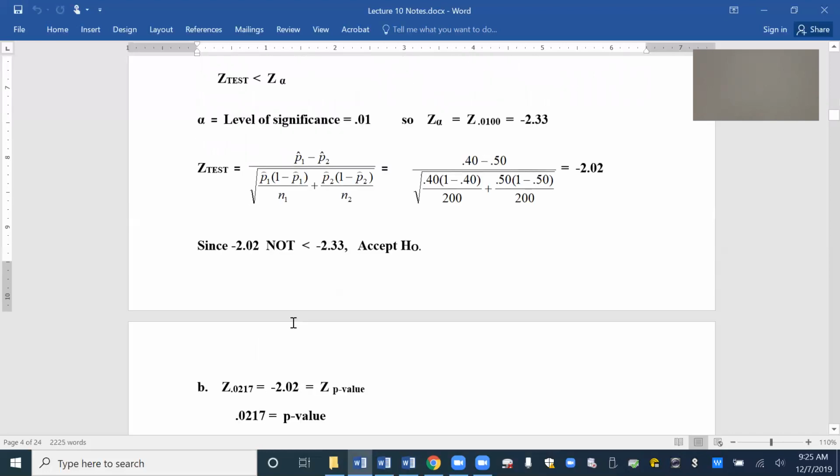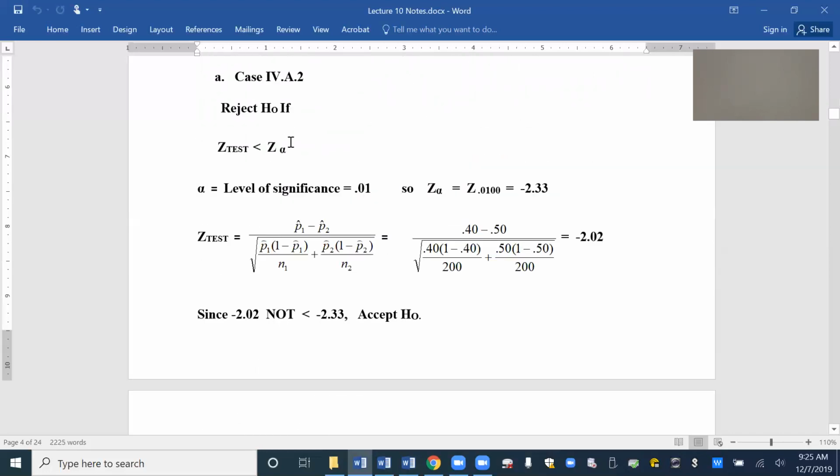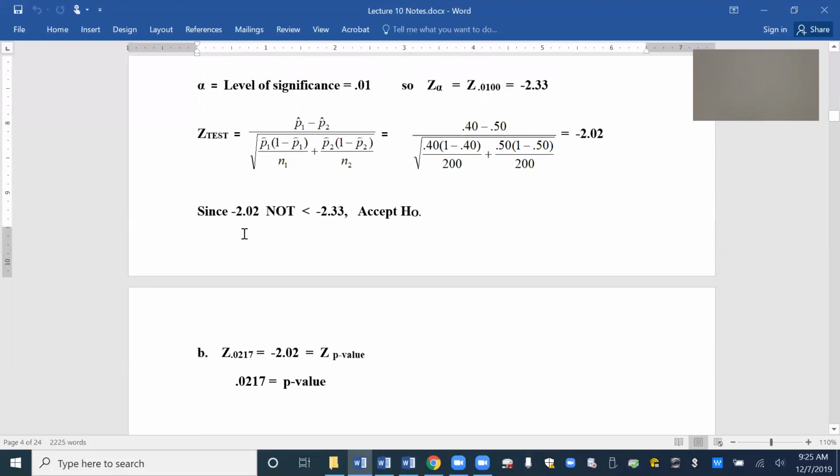So for the p-value, you go back and ask, what test did I run here? Instead of alpha, you write p-value, and then you set this equal to whatever value we got for our z test. So we set the p-value equal to minus 2.02.